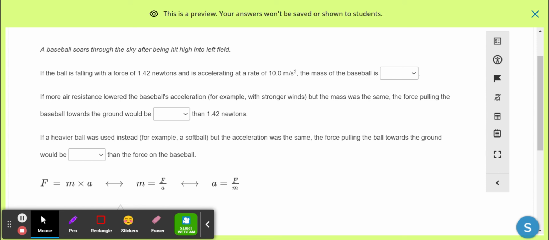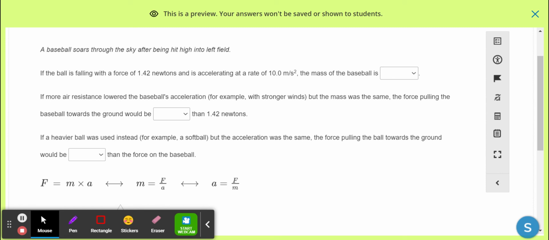So if there's more air resistance, but the mass was the same, and it lowered the acceleration, that force pulling towards the ground would be what, more or less? And then if we used a heavier ball, so the mass was bigger, how would that affect the force? These are kind of thinking questions.